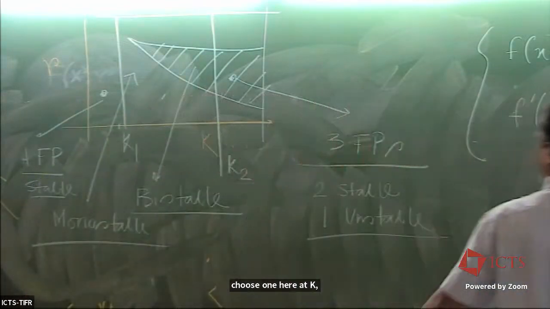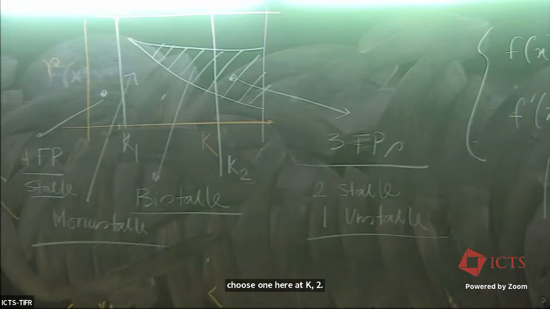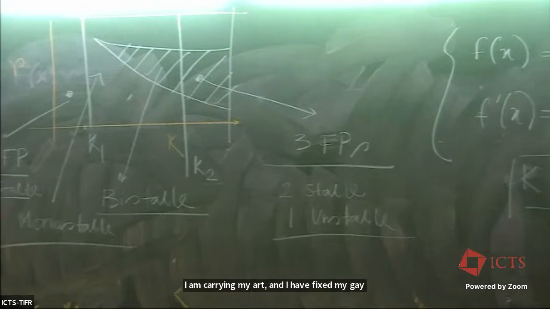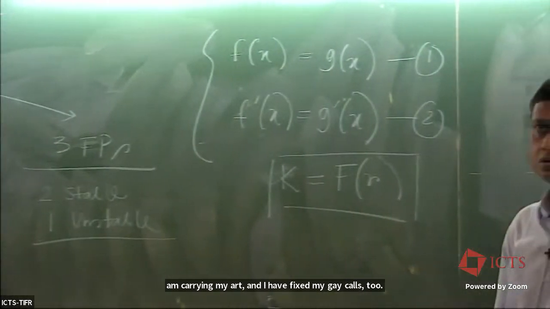If I choose k equals k1, and I want to plot the abundance x with respect to a variation in r, I am varying my r and I have fixed my k equals k1. So I am basically in a monostable zone.